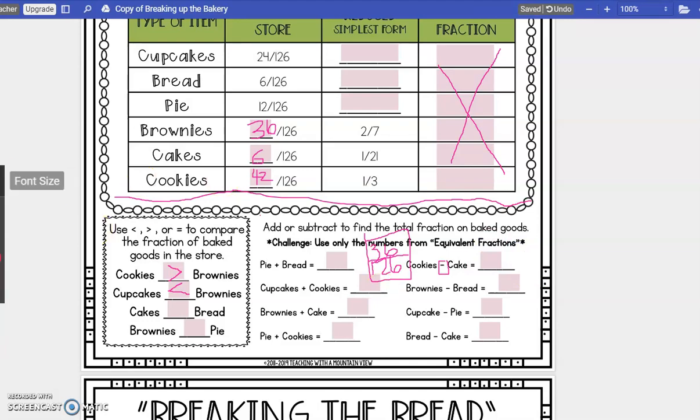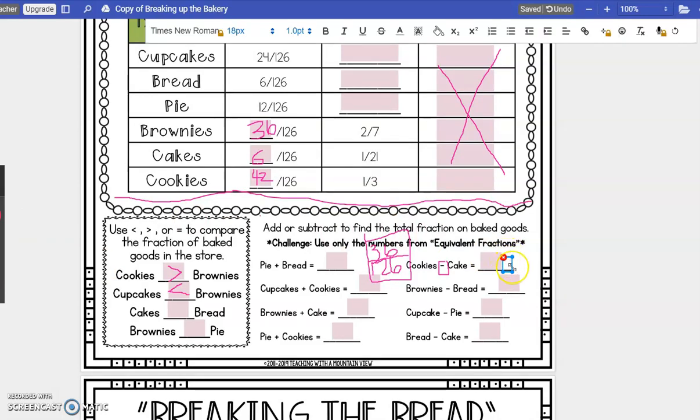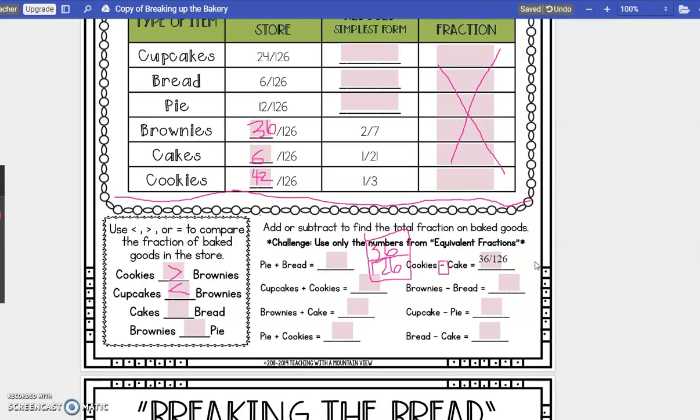I'm going to try doing a text box. So if I do a text box right here, I can do 36 and do a slash like that, 126, and that's how you would type it in for your answer right here. And I would know that you got 36 over 126.